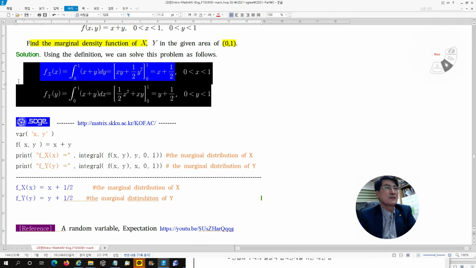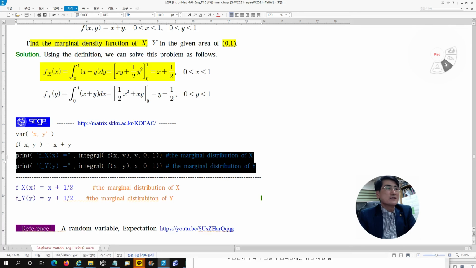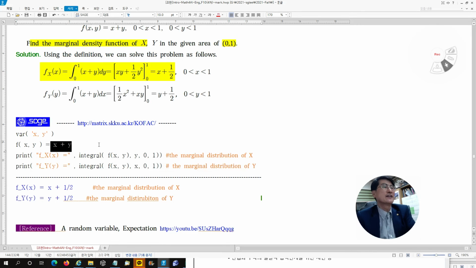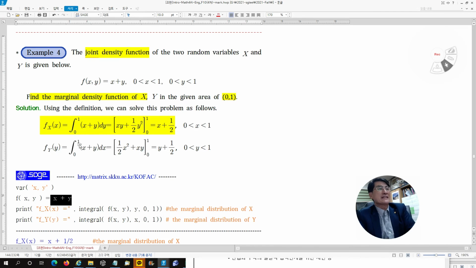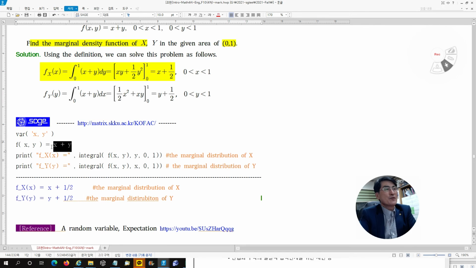It's the same as what we did. You can use the same code for any different joint density function. When you have a different problem, all you have to do is change the function and the intervals.